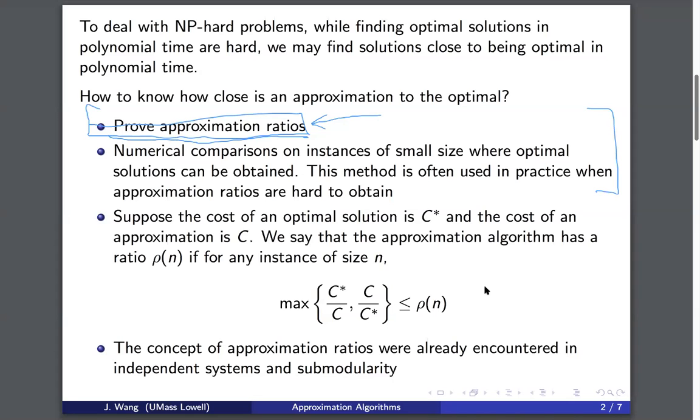As I said earlier, we did see it when we talked about independent sets. Okay, but now let's see it again. So suppose that each optimization solution has a cost. You come up with a cost.